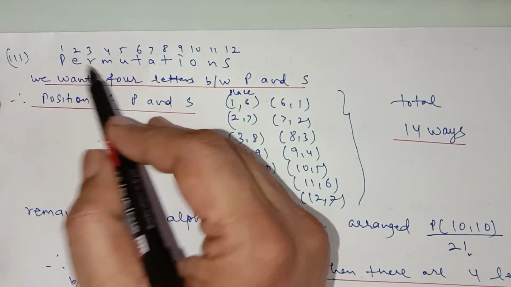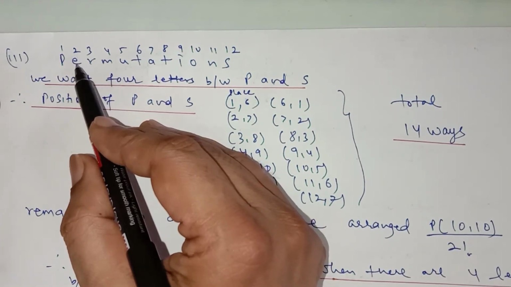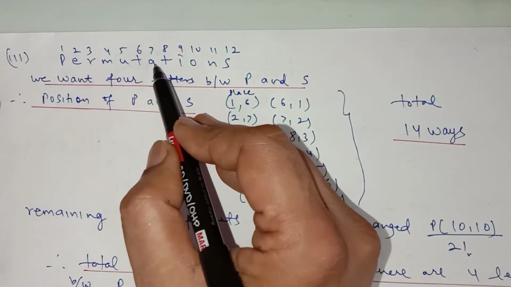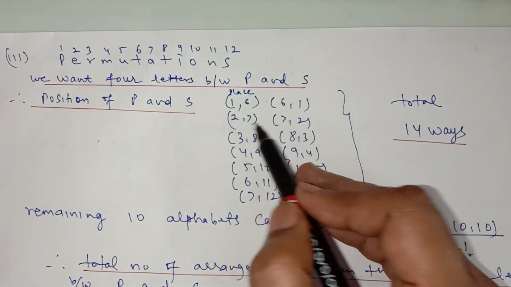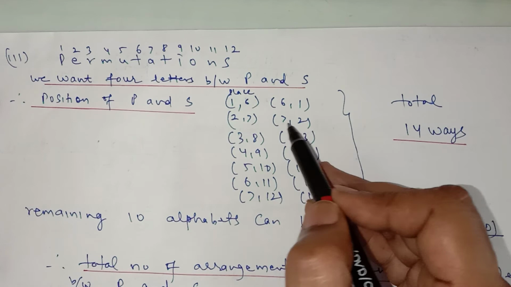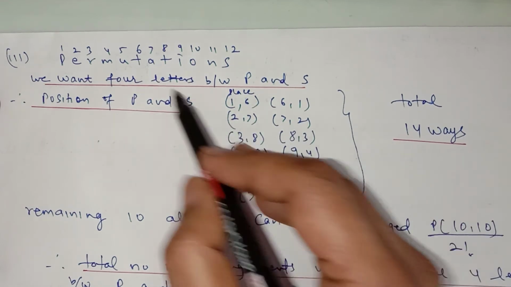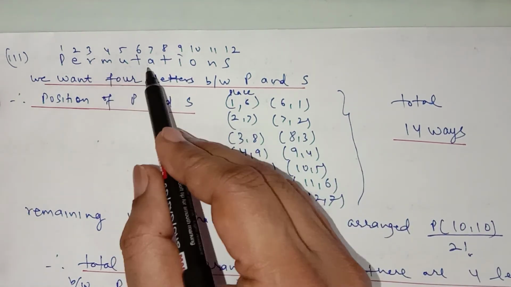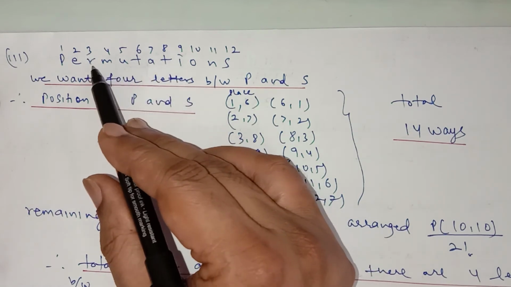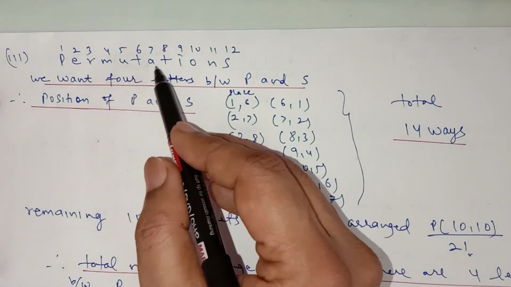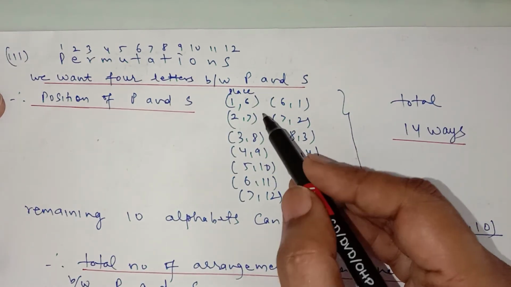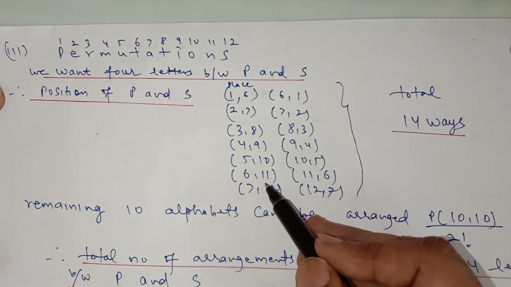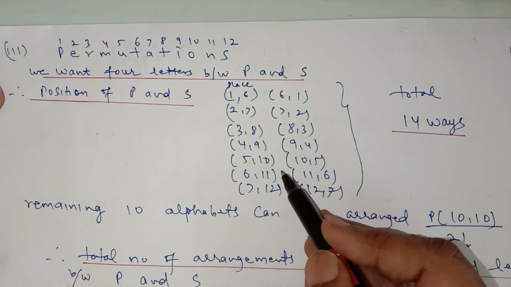Now we can change the position of P and S. If P is at the second place, then S should be at the 7th place, or 7 and 2. That is another 2 ways in which there will be 4 alphabets between them. Like this, 3rd and 8th place, then the position of P and S will have 4 alphabets between them.